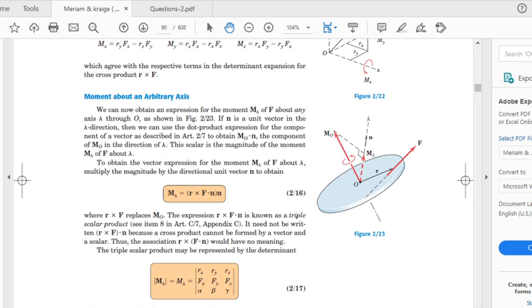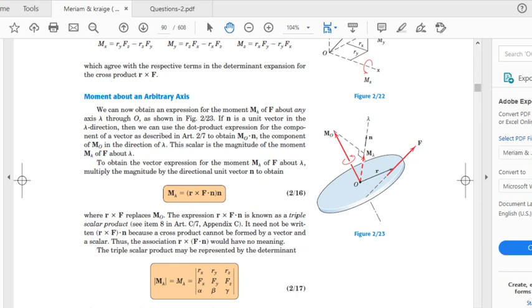When we are calculating the moment, we have to write the position vector. The position vector will always start from the point about which we are taking the moment, and it will go up to any point on the line of action of the force.